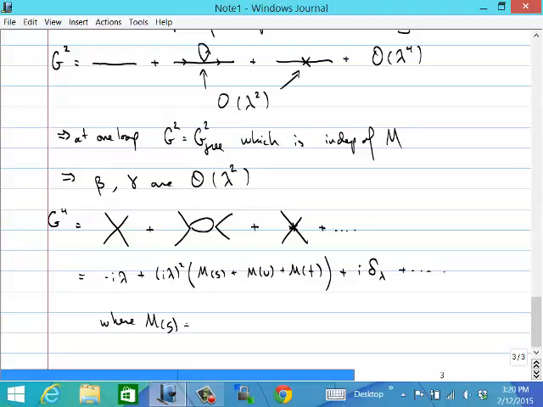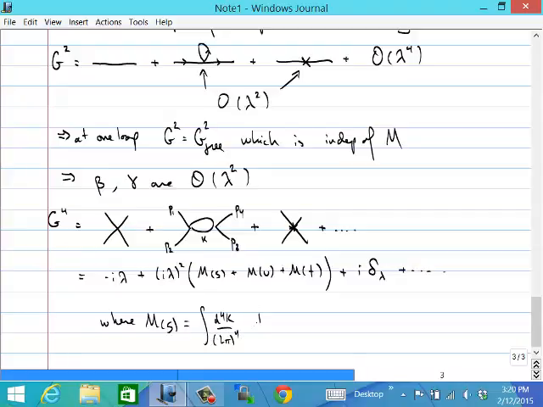And M of s is given by this loop integral. If I let this be P1, this be P2, then we have some undetermined momentum k, and a P3 and a P4. Then M of s is given by the loop integral, the integral d4k over 2 pi to the 4th.